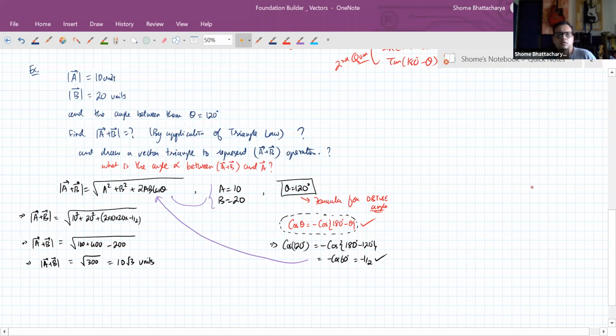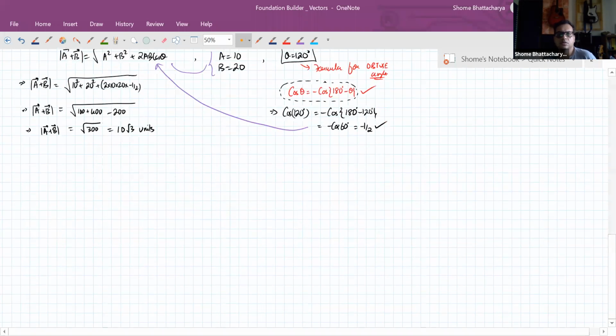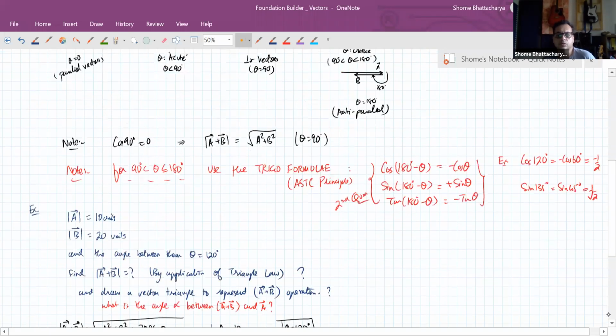Okay. So if you just analyze a little bit about the triangle that you've got, you will understand the answer to this third part also very easily. If you've drawn the vector triangle, so see, second part, the vector triangle will now look like this.